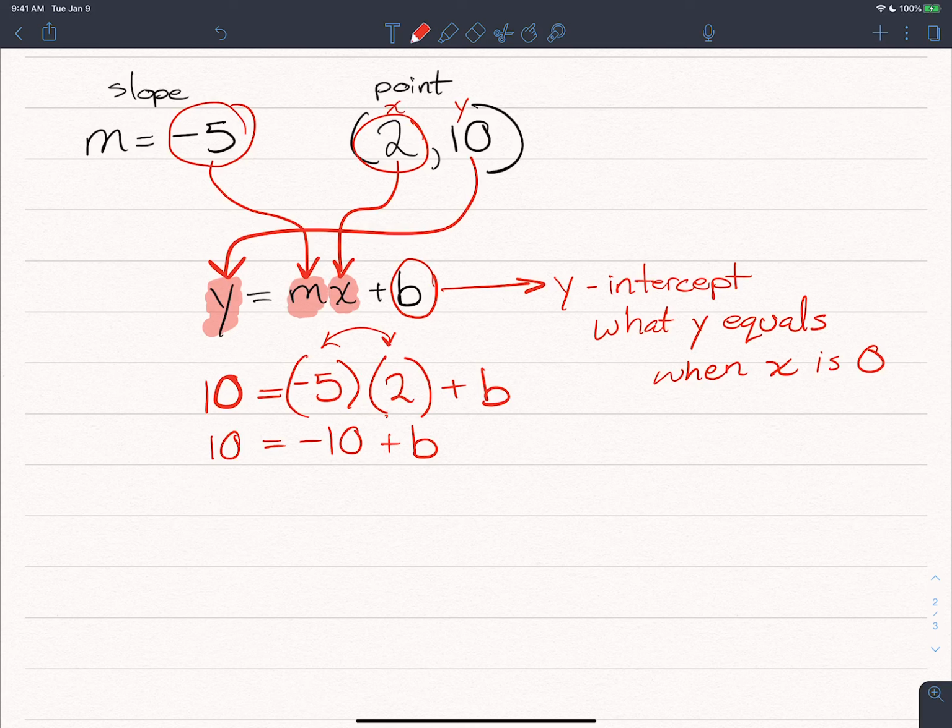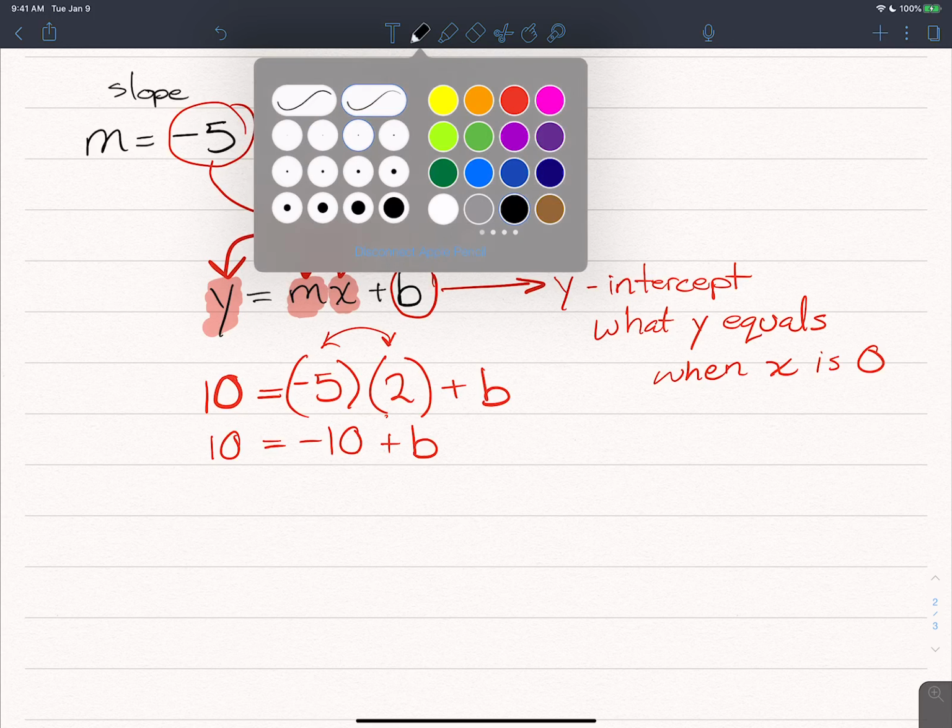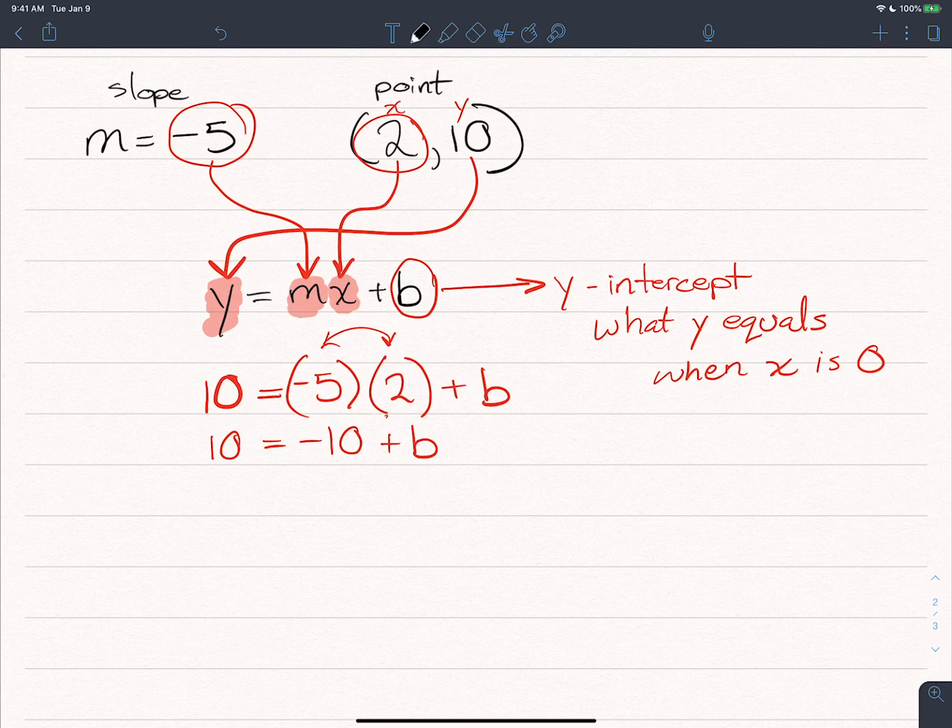Now that we have 10 equals -10 plus b, we can solve for b. First we want to get the b by itself. We look at what's been done to the b. We added -10 to b, so we need to subtract that -10, and subtracting a negative is the same as adding it. So to undo that, we add 10 to both sides.